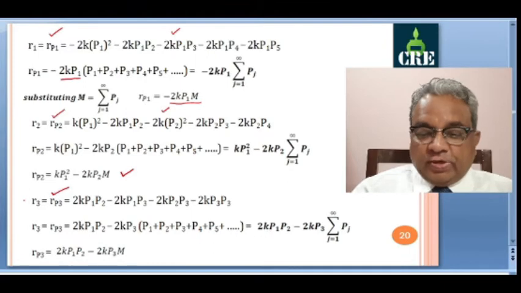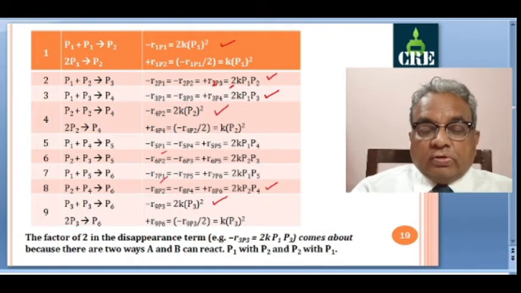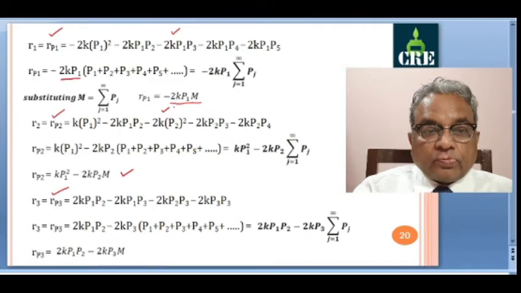So where P3 is appearing, P3 is appearing for the first time here, 2k P1 P3, and this is rate of disappearance, 2k P1 P3, rate of disappearance.